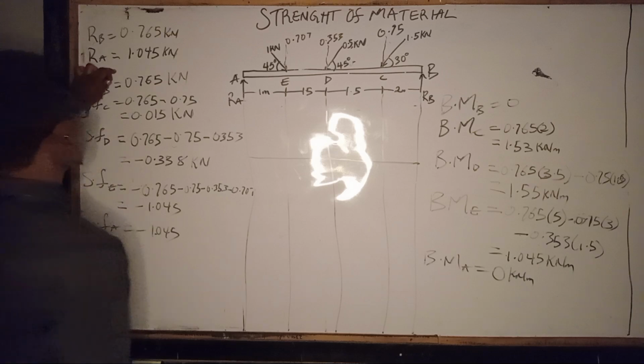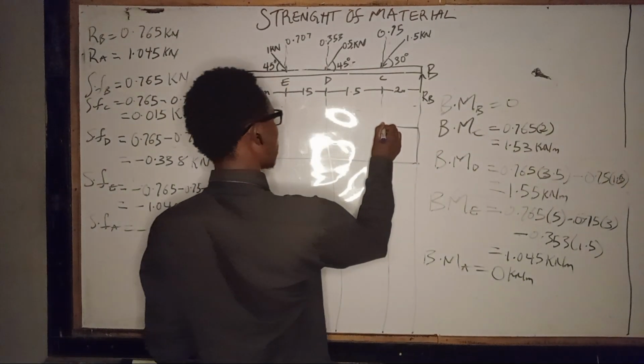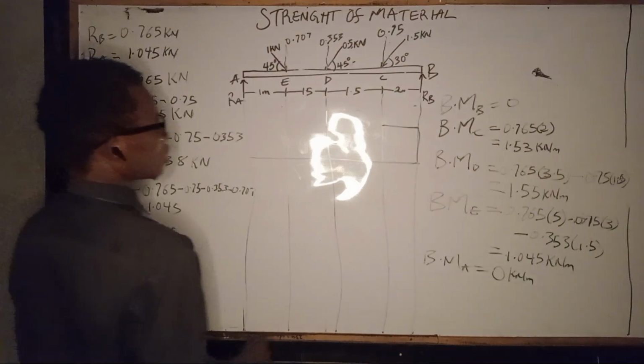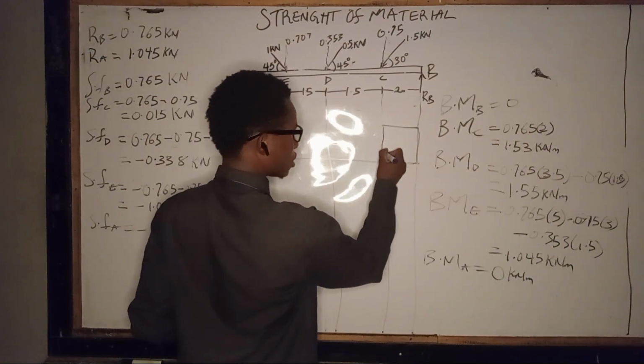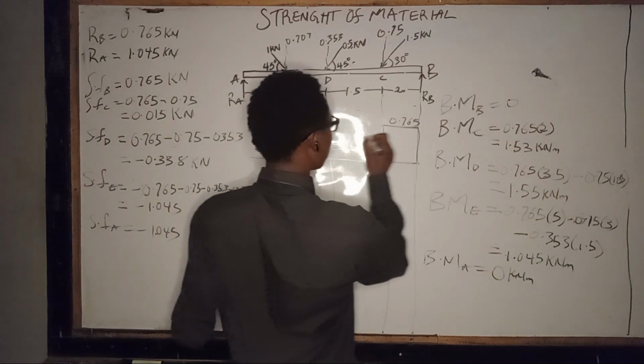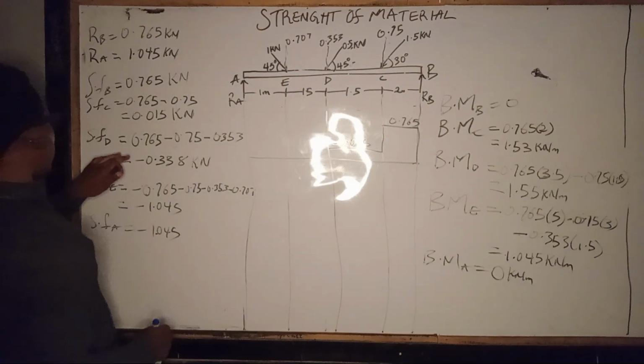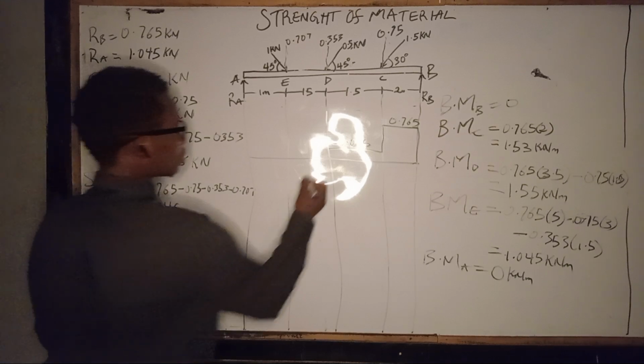Shearing force at B is 0.765. We take it up, straight line. Our shearing force at C is 0.015. Take it down, straight line. We have 0.765, 0.015. Then we also have shearing force at D, minus 0.338.